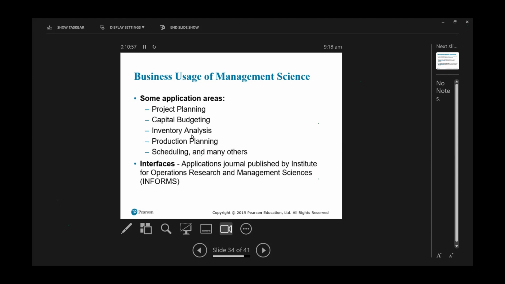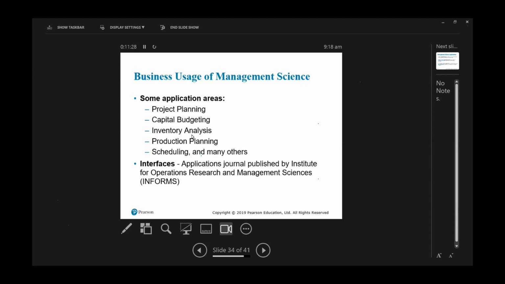So, if you look at real-life situations, management science techniques have been used for project planning, capital budgeting, inventory analysis, production planning, and then scheduling. How to schedule. So if you are an airline, how do you schedule your flights across different countries of the world so that you can maximize profit?